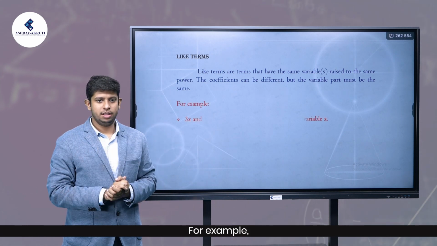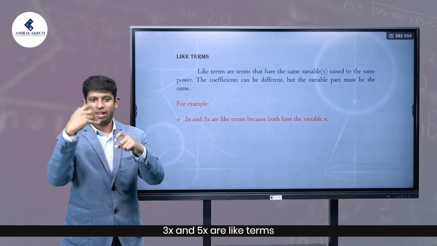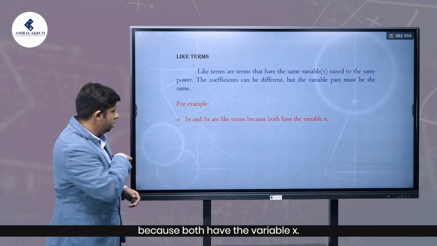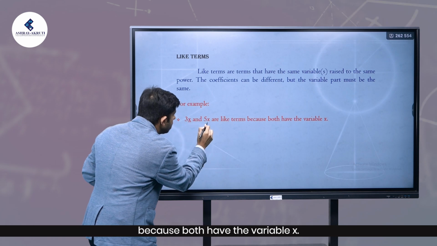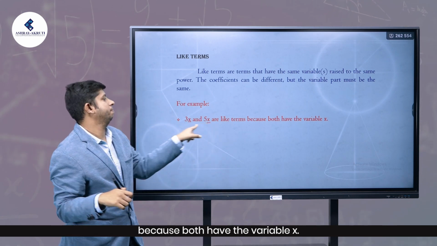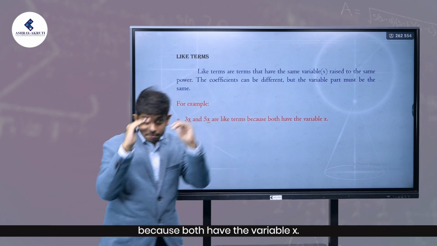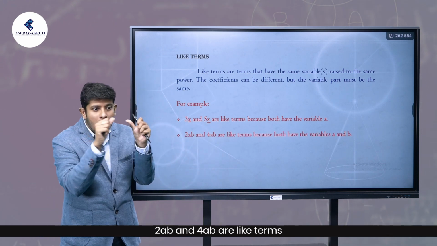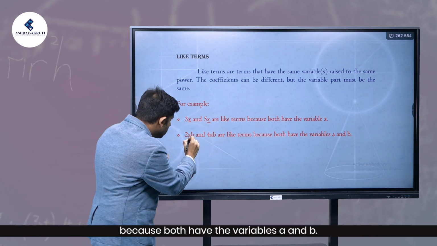For example, 3x and 5x are like terms because both have the variable x. AB and 4AB are like terms because both have the variables a and b.